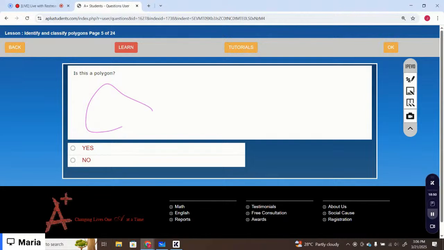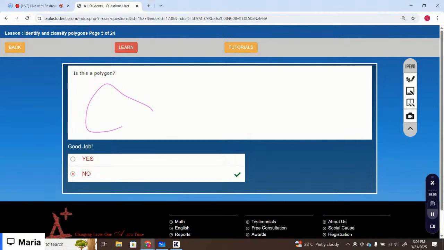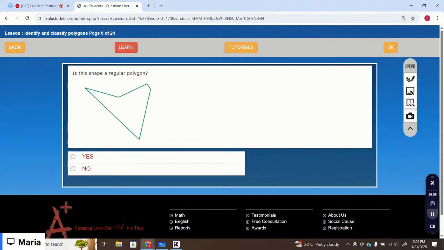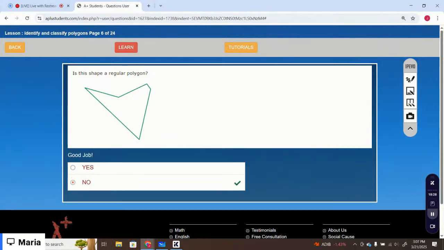Is this a polygon? No, that is not a polygon. Is this shape a regular polygon? No, that is not a regular polygon.